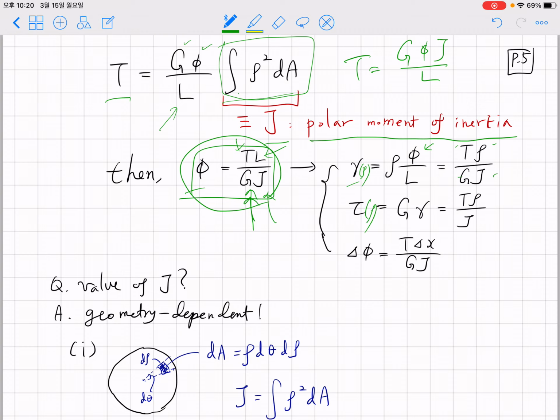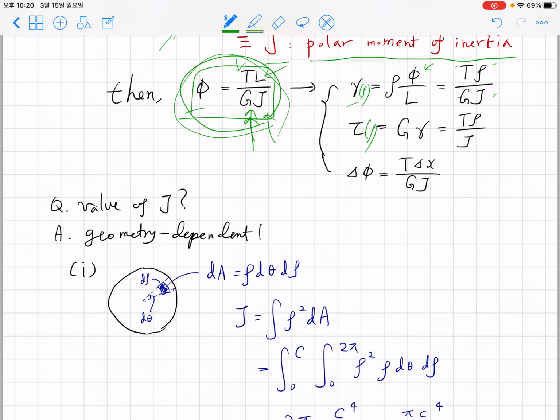Once we do this integral for J, based on the formula which is very similar to the one in axial loading, we can obtain the twist angle phi.